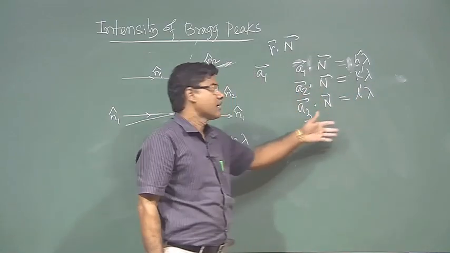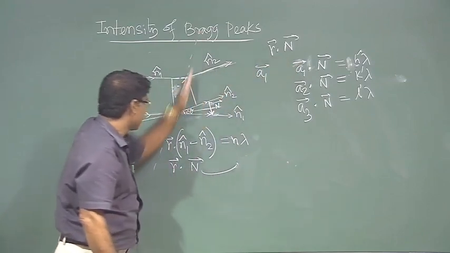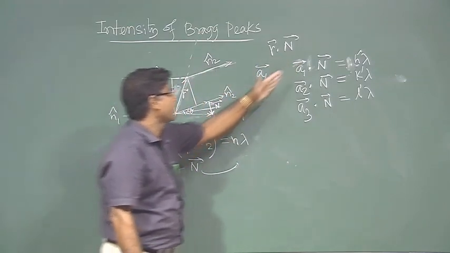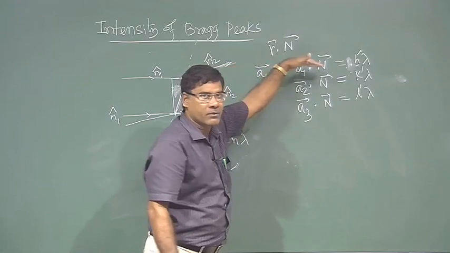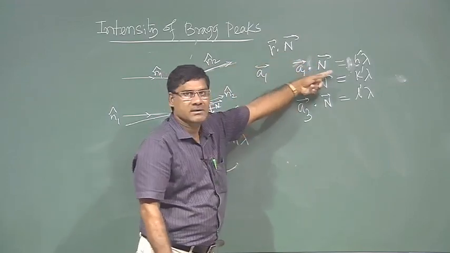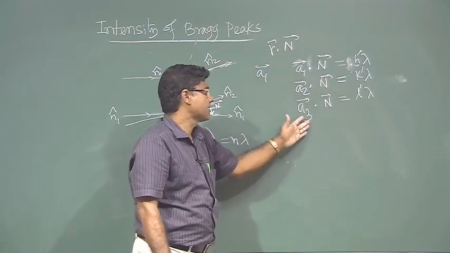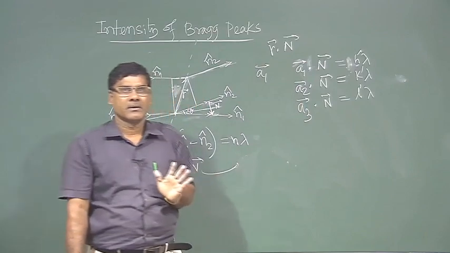And I am writing this because this is valid along a row, right. Now, I have taken this along a row, in the A1 direction. So, it will work, in the A2 direction individually it will work, in the A3 direction it will work, right.